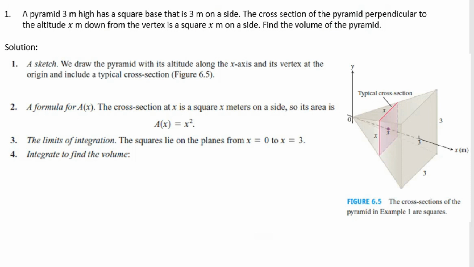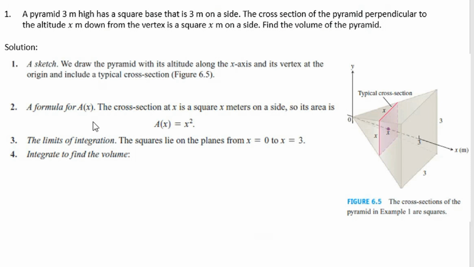According to the steps, number 1, we have to sketch. We draw the pyramid with the altitude along the x-axis and its vertex at the origin, and include a typical cross section. Let's just look at figure 6.5. Step 2, finding the formula for A of x.